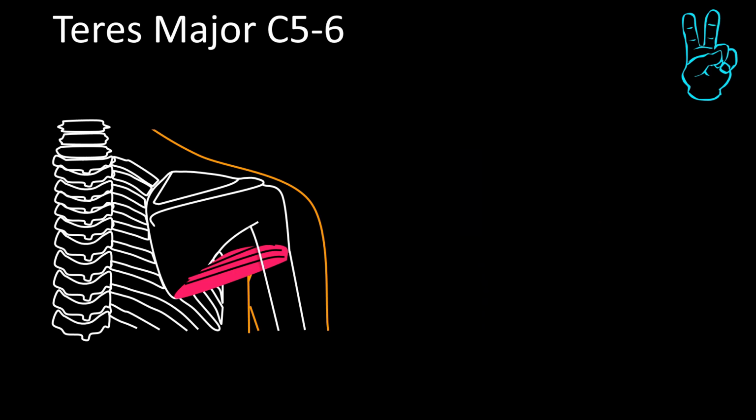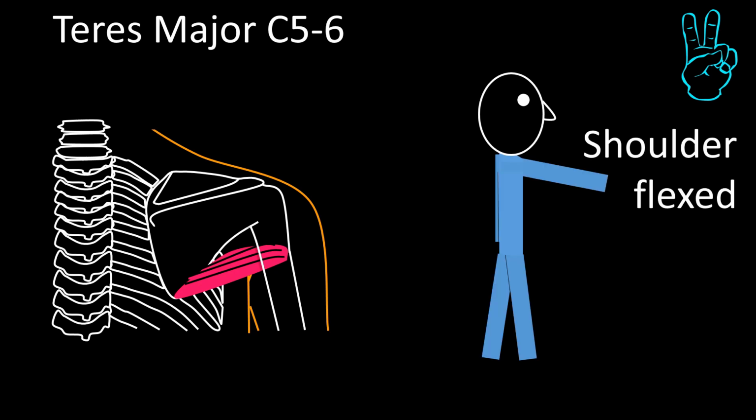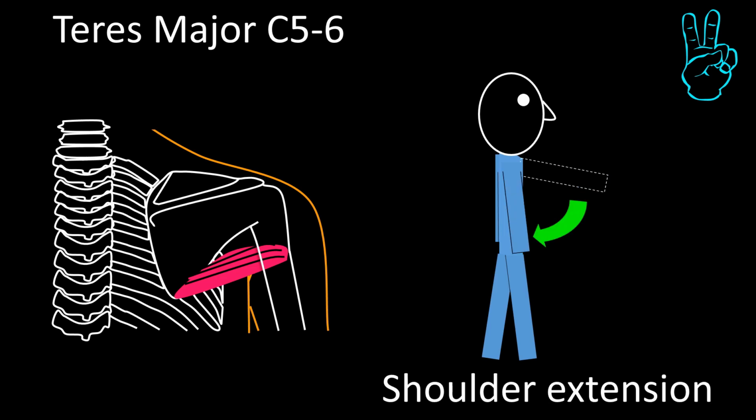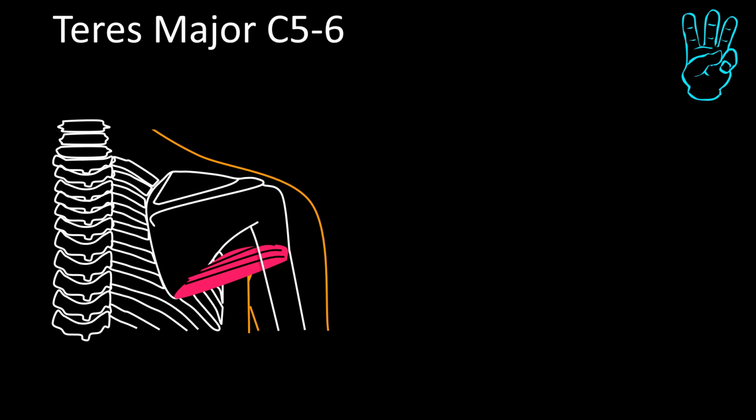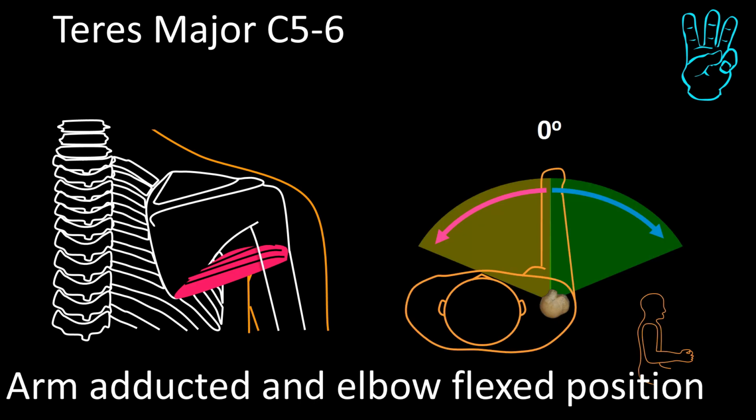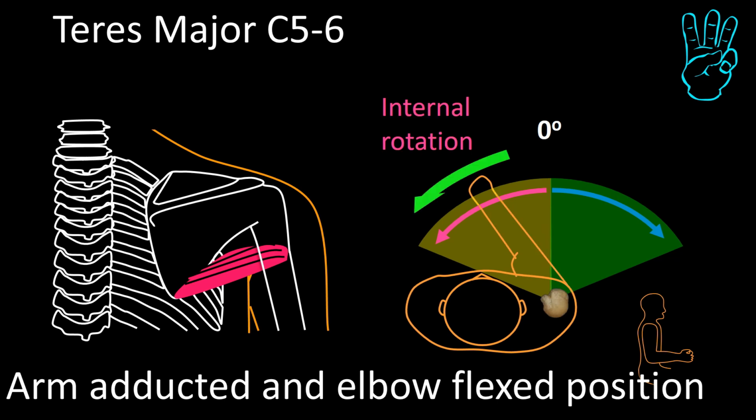The second function of the teres major, from the shoulder flexion position, is shoulder extension to neutral position. The third action, from arm abducted, elbow flexed, and forearm forward position, is internal rotation.